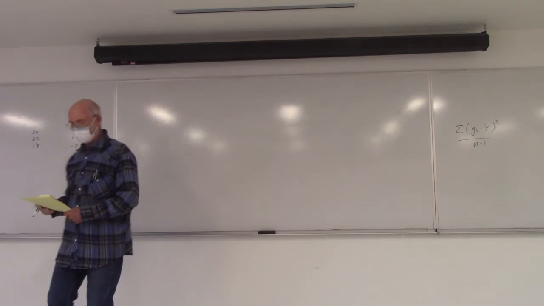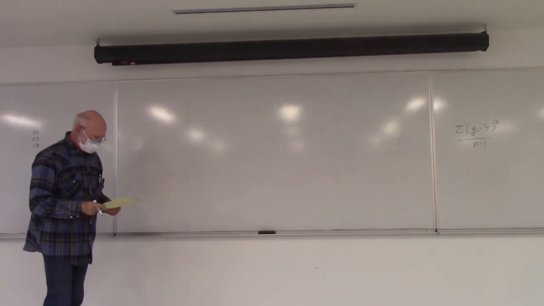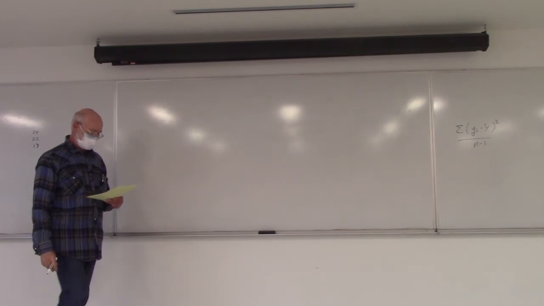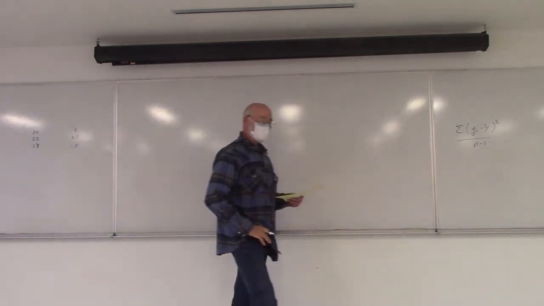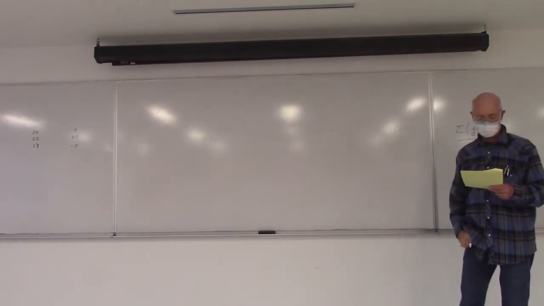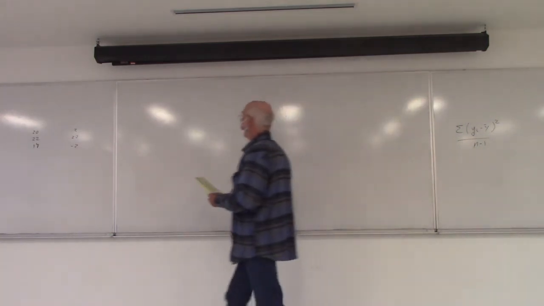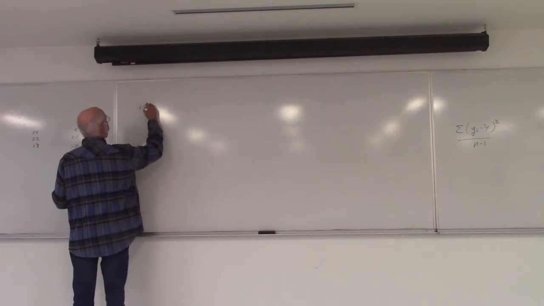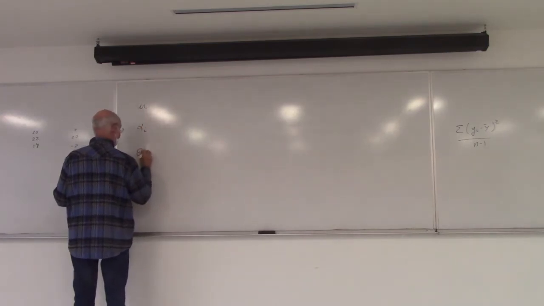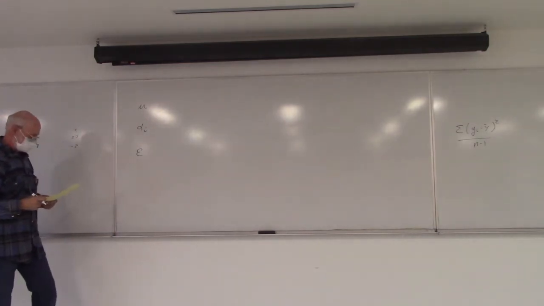Now what we want to do is we want to estimate our parameters. Okay? We want unbiased minimum variance estimates of mu, alpha i, and epsilon. Okay?